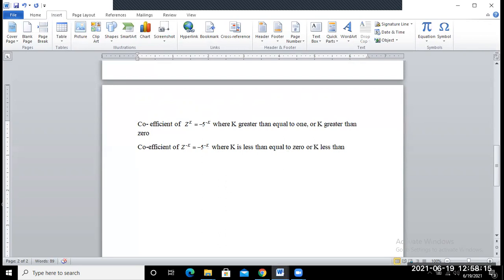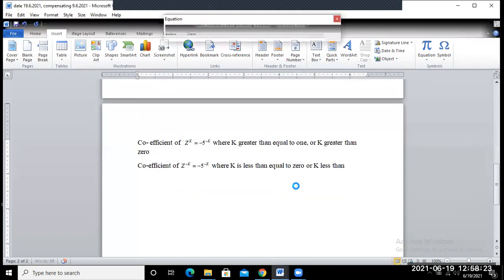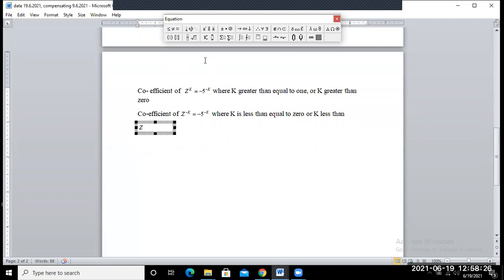Okay, so z inverse of z by z minus 5 is equal to minus 5 to the power minus k.